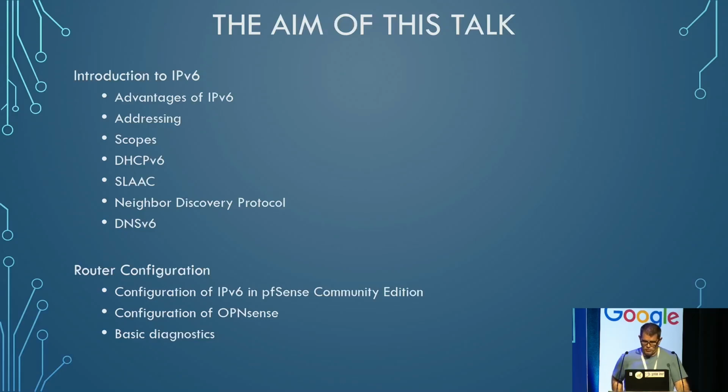In the second part, I'll take you through some configuration steps for pfSense Community Edition and OPNsense. If you're not familiar with either of these products, they're based on m0n0wall originally, which was a router platform written under FreeBSD. OPNsense was forked from pfSense in 2015 when pfSense was purchased by Netgate.